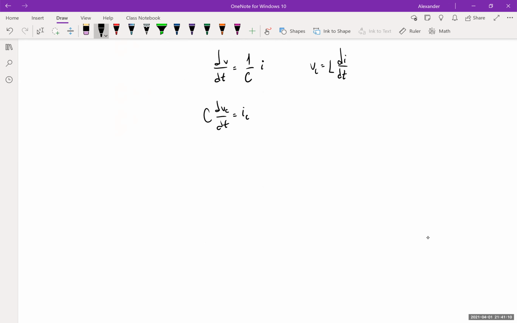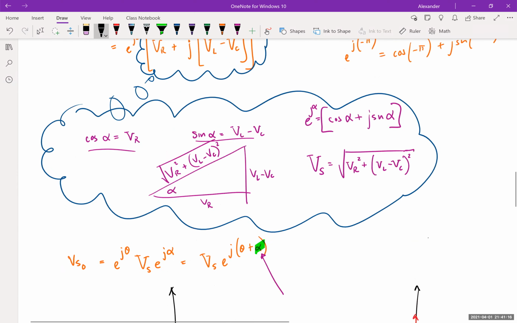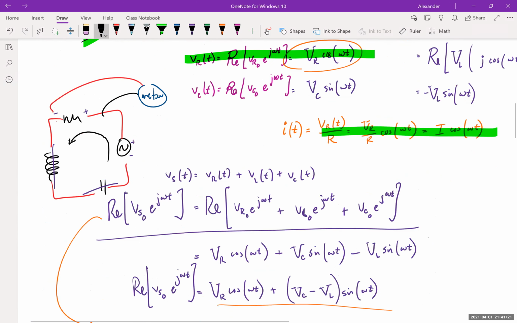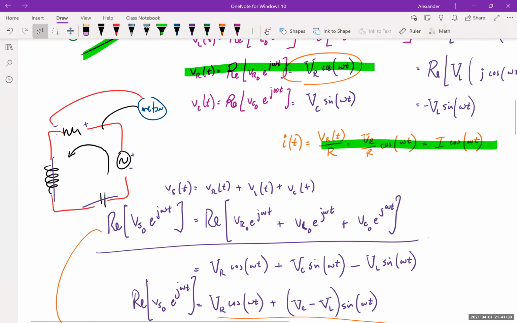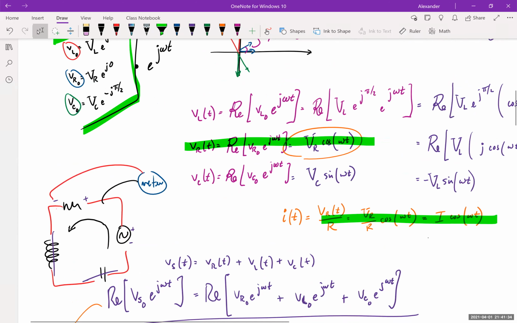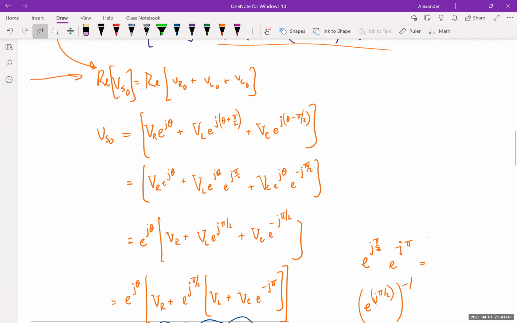well, we already wrote the potential across the capacitor. Where do we write that? Potential across the capacitor is the real part of V sub C sub 0 e to the j omega t. V sub C sub 0. All right.